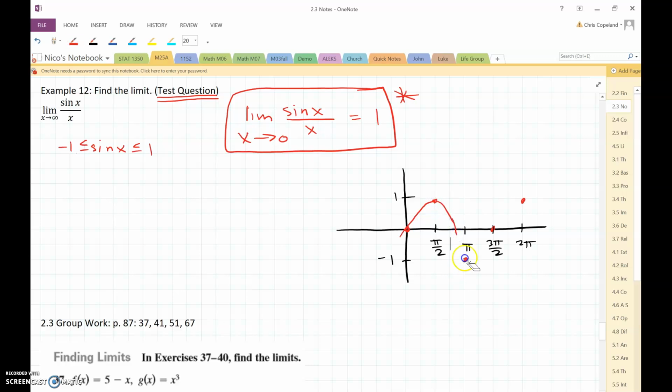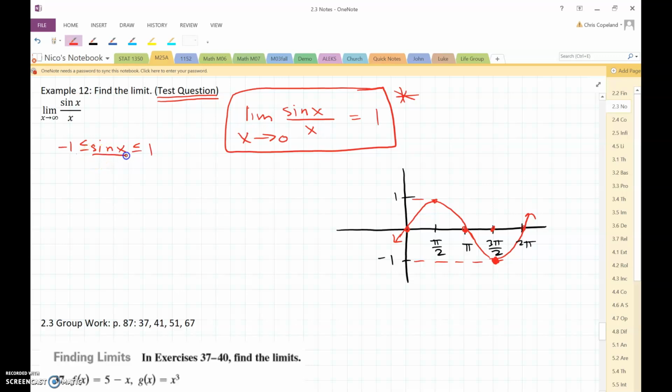Oops, screwed that up. It would look something like this, right? This is basically one cycle where it's going to be between -1 and 1. So that's why I'm writing this: that sine of x is between -1 and 1. This sine of x is being squeezed between -1 and 1. So this would be the proper setup to use the squeeze theorem.